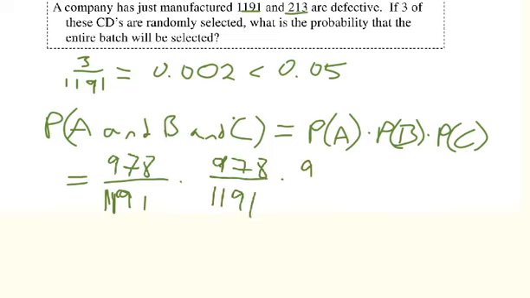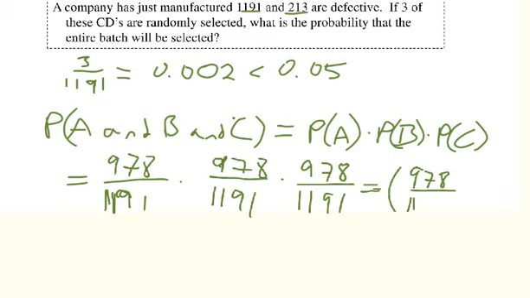So each one has a probability of 978 divided by 1,191. If you're wondering if there's an easier way or a shorter way to write this, of course there is. We could just say that's 978 divided by 1,191 to the third power.